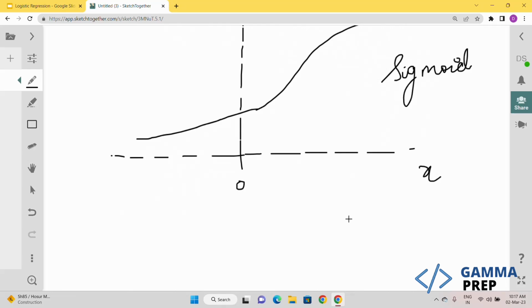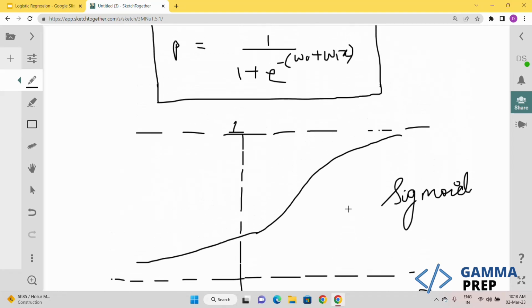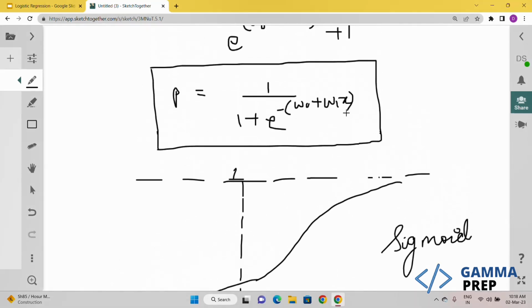Let's talk about the error term also. Obviously this is our logistic regression, but we want to minimize our error to get our W0 and W1. In linear regression also we were doing the same thing. We knew what the model is, we had to minimize the error and then get our W0 and W1, and once we have the W0 and W1, we would get the linear regression model. Here also we know that this is the model.